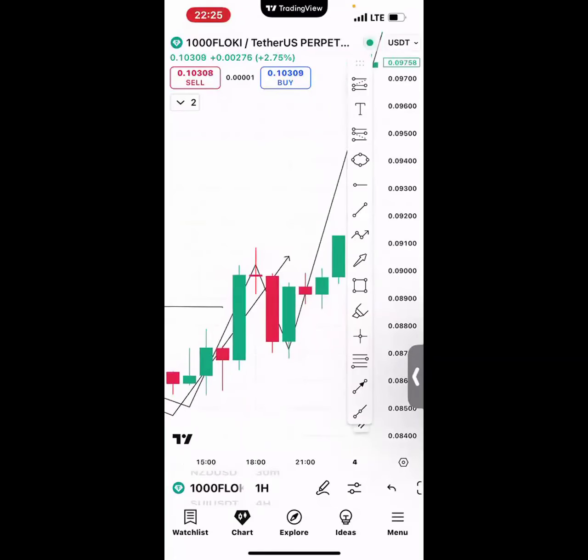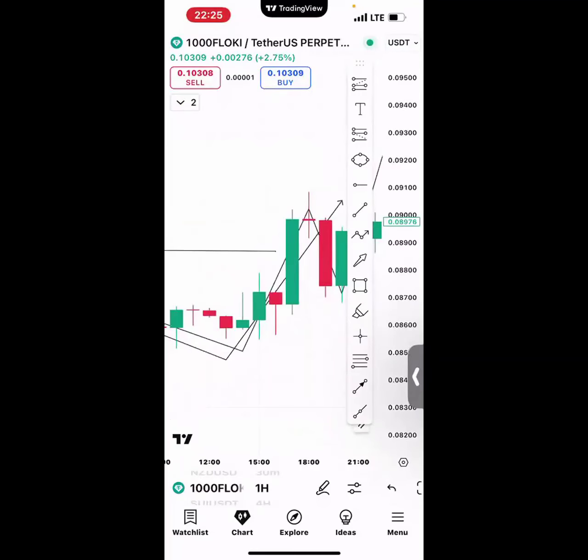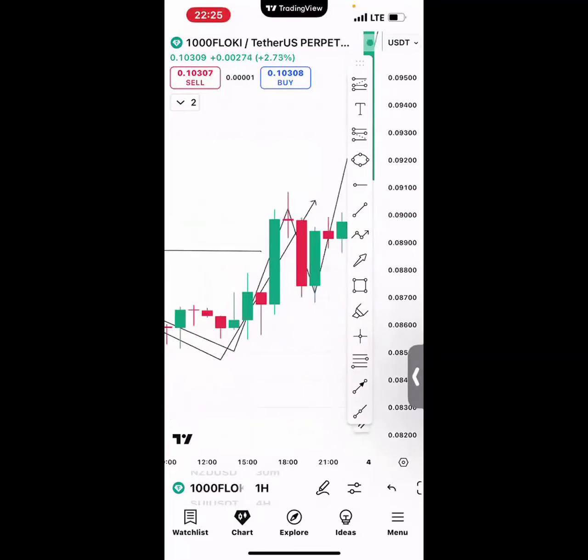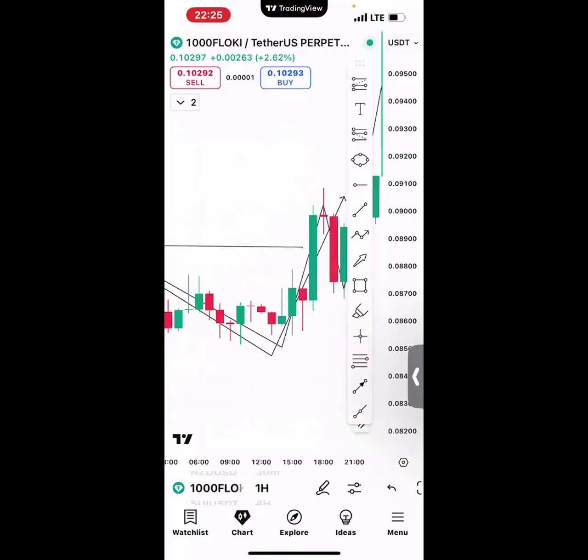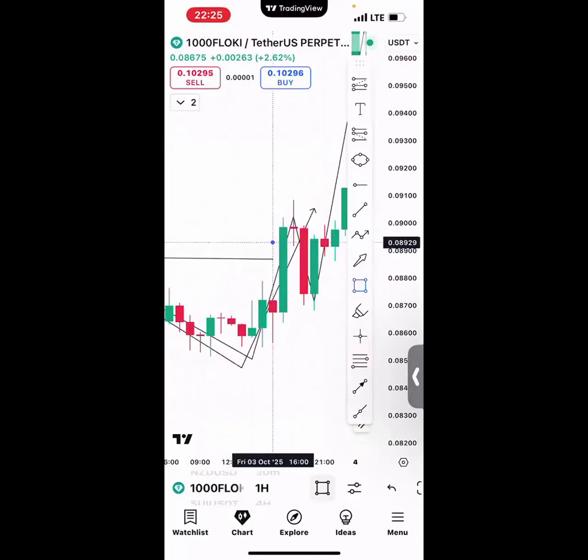You understand? So now, if there's this pullback, the next thing, I marked out my structure now. The next thing I want to look for is my institutional candle, and my institutional candle is the last down candle before the market moves upside. As soon as I'm able to spot it, which is here, I'll mark it all out with a box, right?